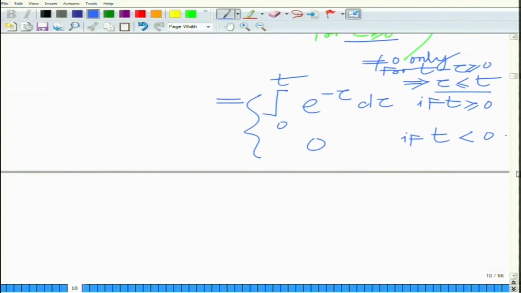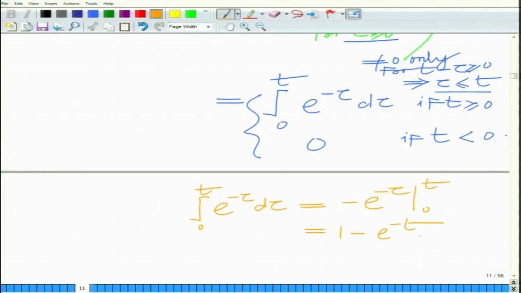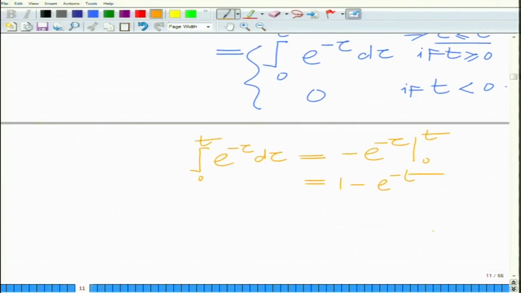Now, let us simplify this integral. The integral from 0 to t of e to the power of minus tau d tau is minus e to the power of minus tau evaluated from 0 to t, which is 1 minus e to the power minus t, if t is greater than or equal to 0, and 0 otherwise.